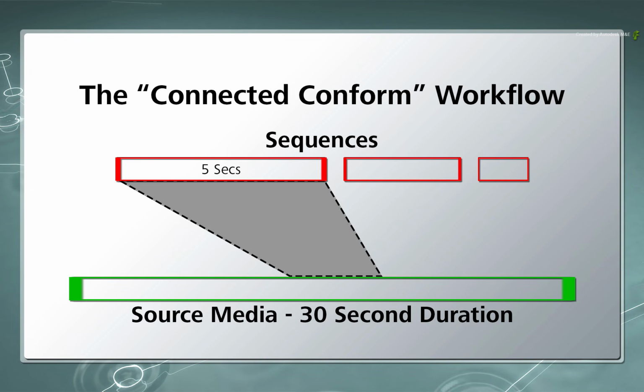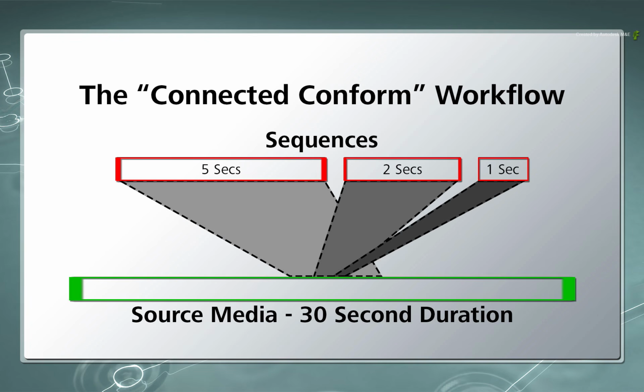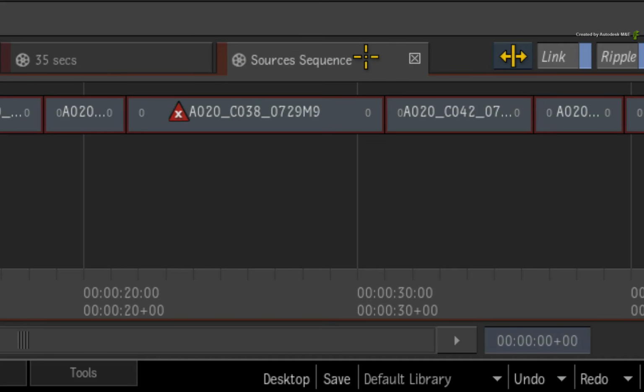However, 5 seconds is used in the 35-second version, 2 seconds is used in the 20-second version, and only 1 second is used in the 10-second version. Therefore, Flame Premium will only ingest 5 seconds of media to cover all the sequences. So the sources sequence acts as a shopping list for all the media required in the open sequences.